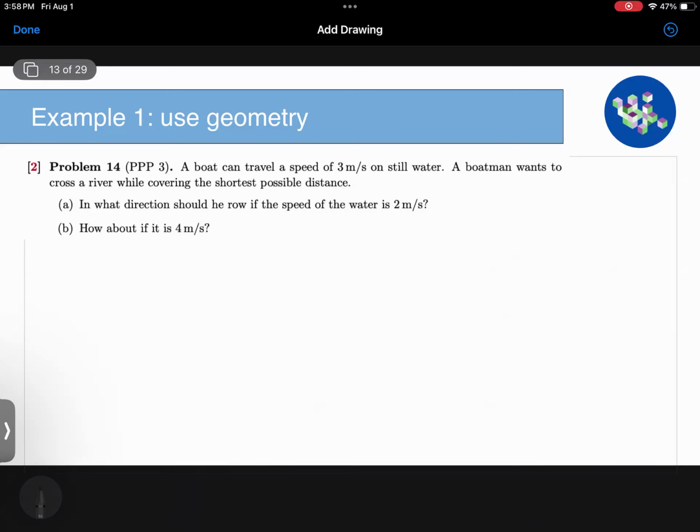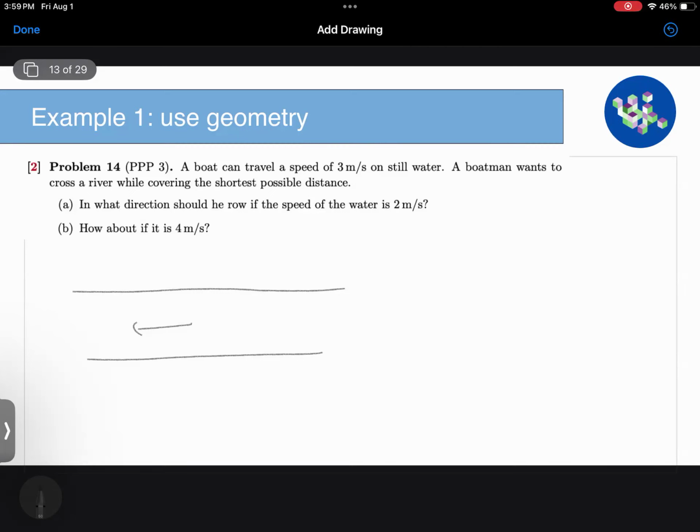In what direction is the flow of the water? Well, you can just assume, for example, if you have the river here, the water flows to the left. You can just choose any other direction. And he's trying to get from the bottom line to the top line.